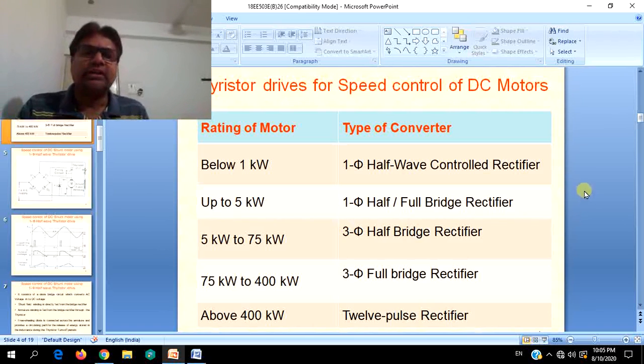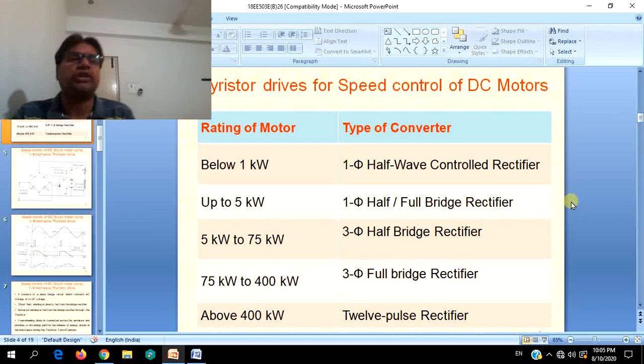The difference will be, in the previous cases we discussed the behavior of the rectifier circuits with resistive load and also with inductive load, where resistance and inductive load combinations were taken.